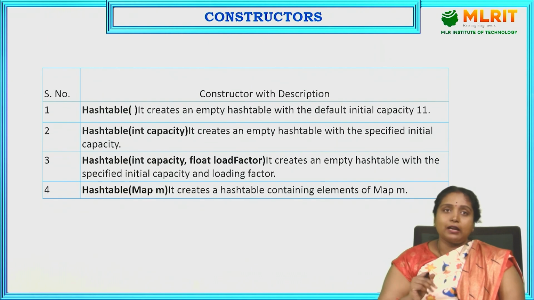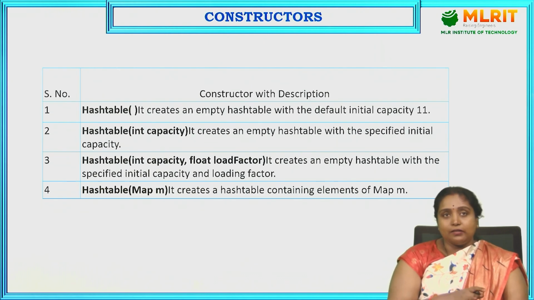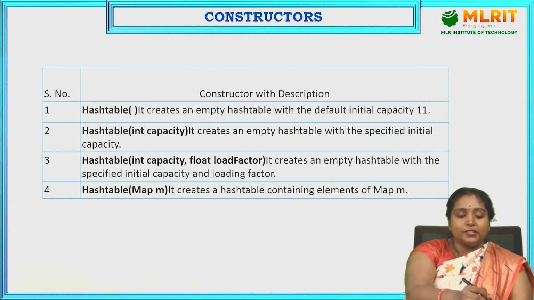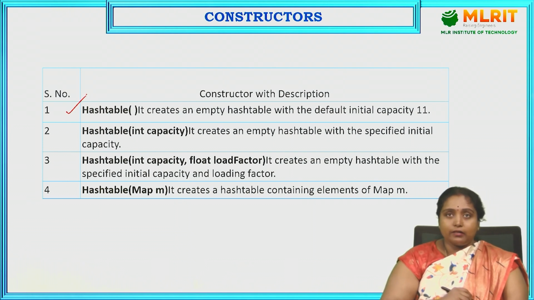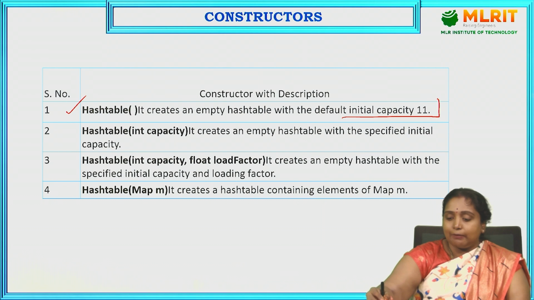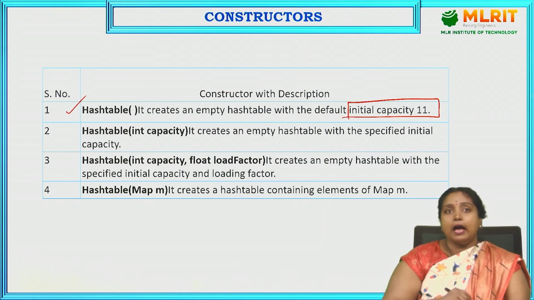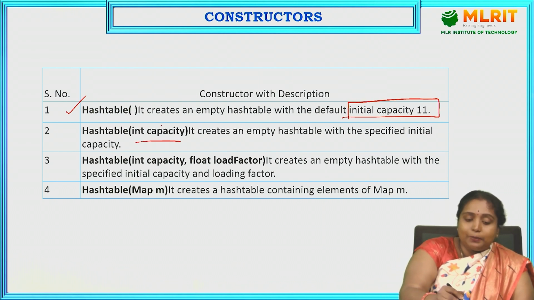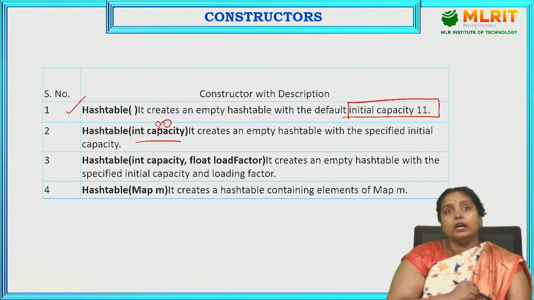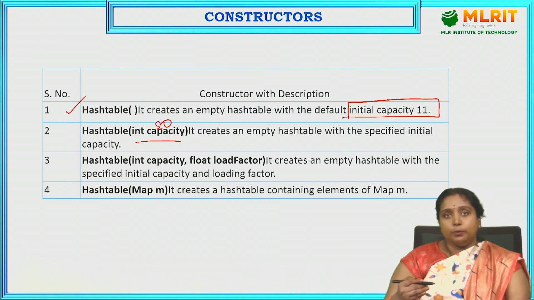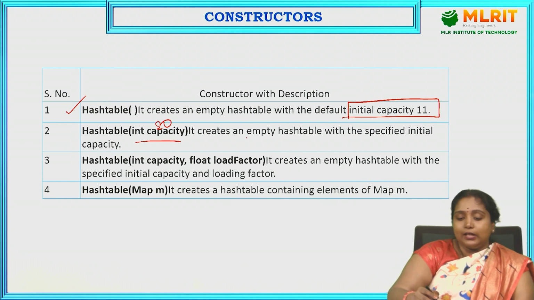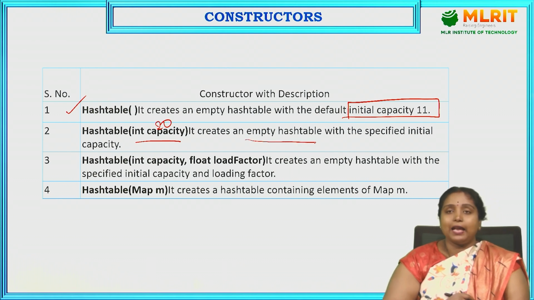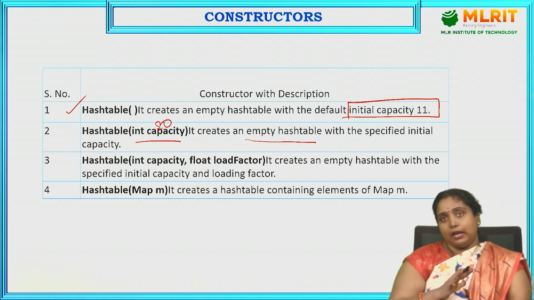Coming to the constructors of Hashtable, there are 4 constructors. First is the empty or default constructor, which by default ensures the initial capacity is 11. And you can give a capacity, like 20, so that it will create an empty hash table with that capacity.